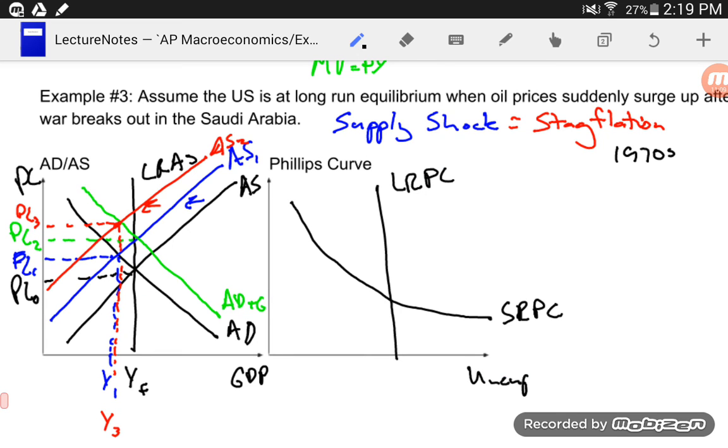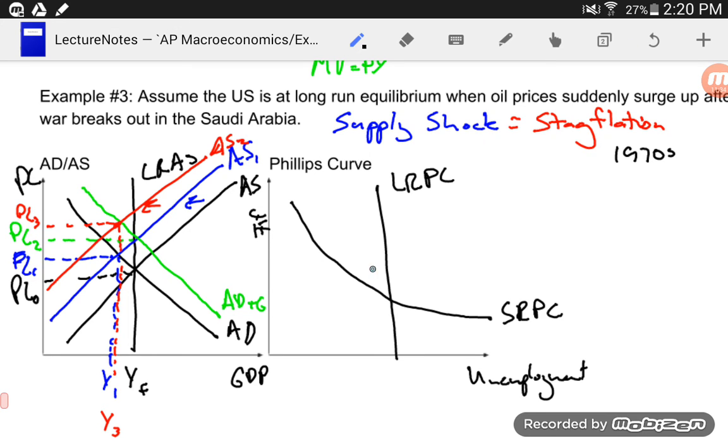Unemployment. And I don't have room to write it, so I'm just going to write inflation on the y-axis there. That was horrible. Let me just put it here. Inflation. Well, that looks awful too.